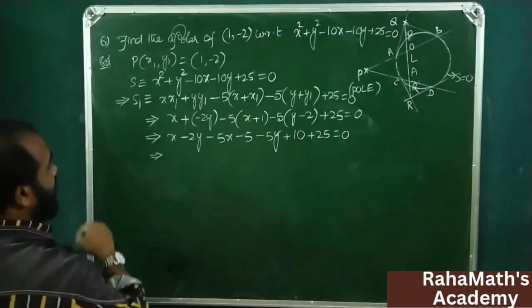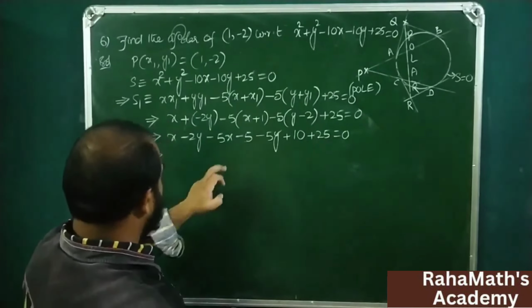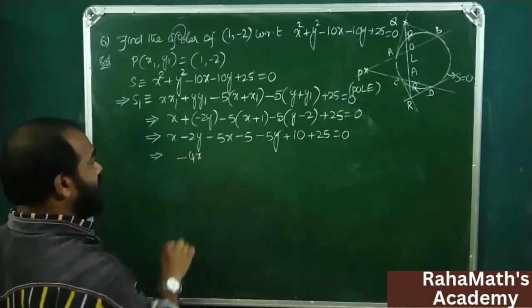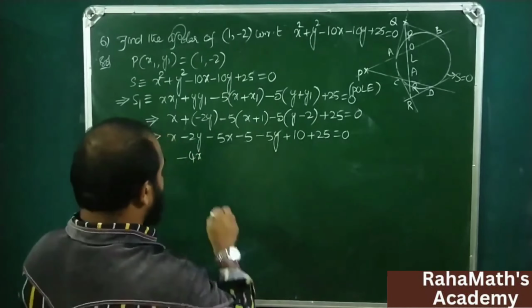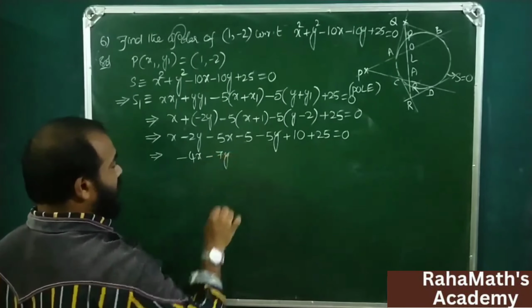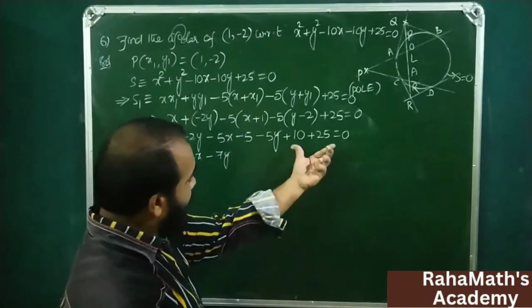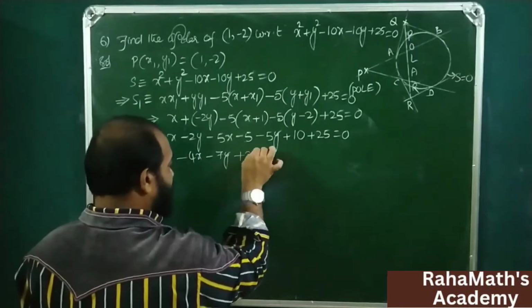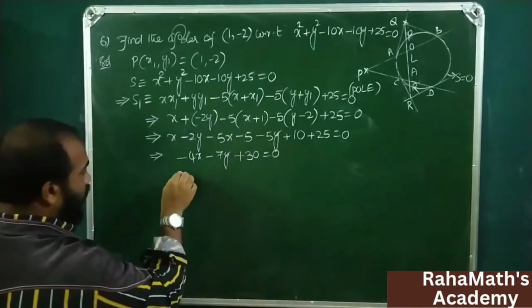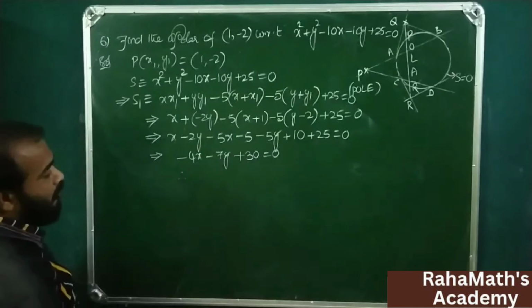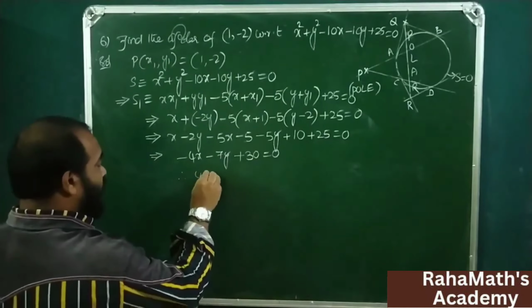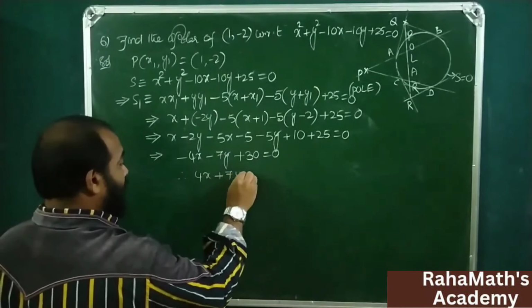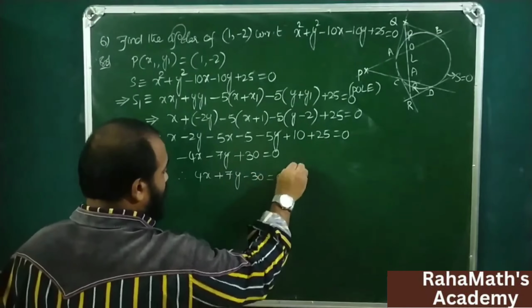That implies x minus 5x is minus 4x, minus 2y minus 5y is minus 7y, and minus 5 plus 10 plus 25 is 30, equals 0. Therefore, if you cancel the minus throughout the equation, then 4x plus 7y minus 30 equals 0.